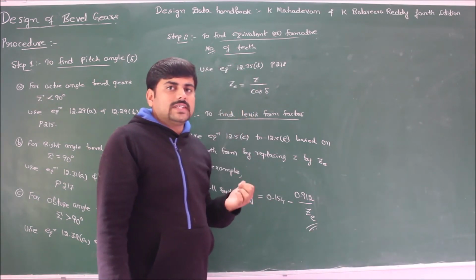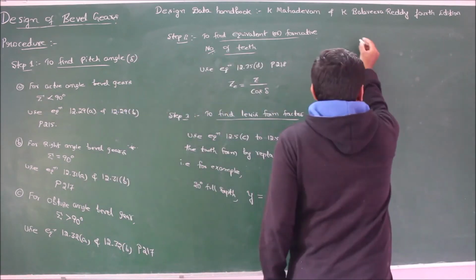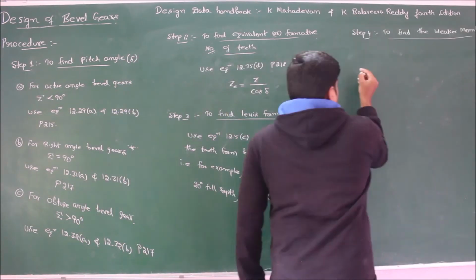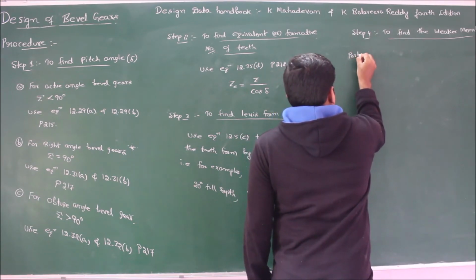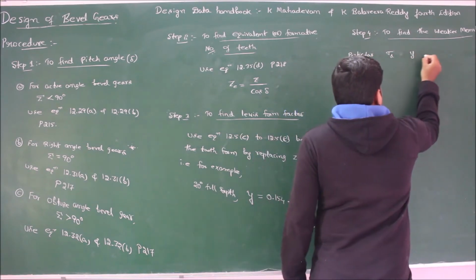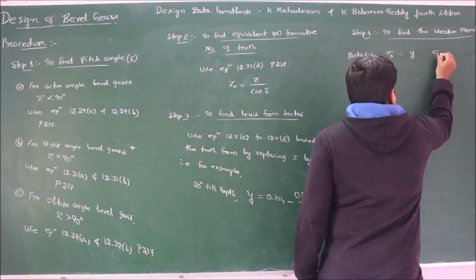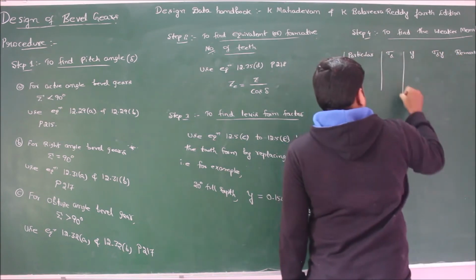Once you find the Lewis form factor, you can determine the weaker member. Step 4 is to find the weaker member. As usual, you formulate the table, that is particulars, sigma d, y, product of sigma d into y, that is Lewis form factor, and finally remarks.